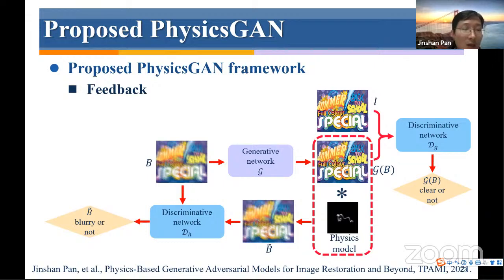After the network is trained, we do not need the blur kernels in the test stage. I think, yeah. That's true. Yeah, I agree.